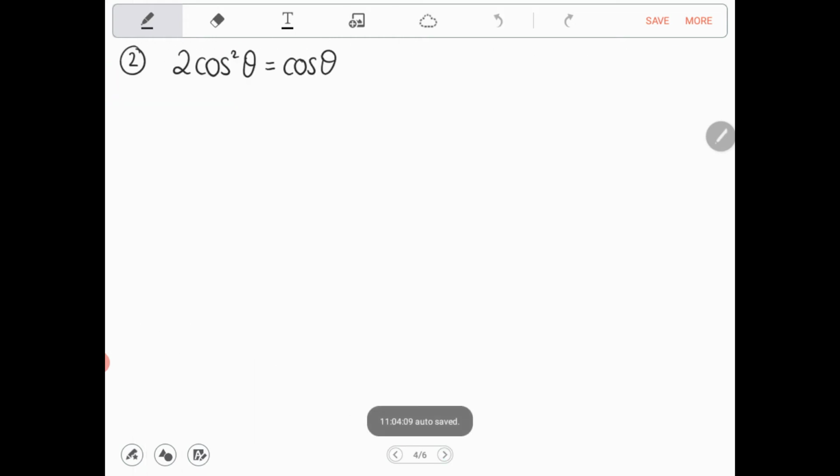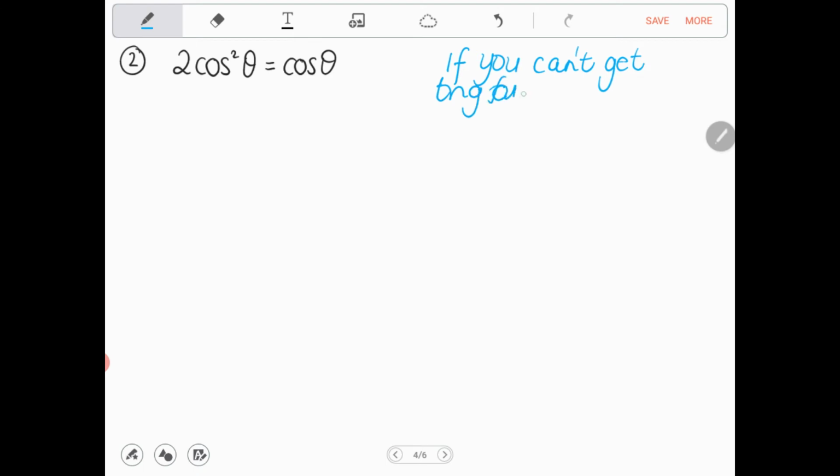All right, let's try another one. Okay, so 2 cos squared theta is equal to cos theta. Okay, if you can't get the trig function alone, which you can't in this one, then you always do everything equal to 0.